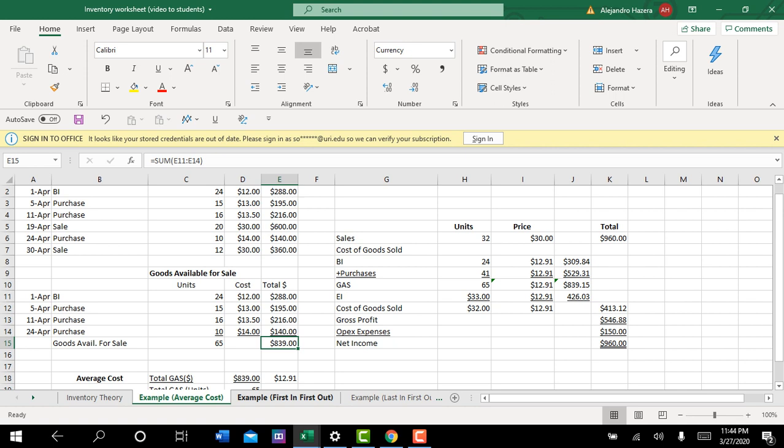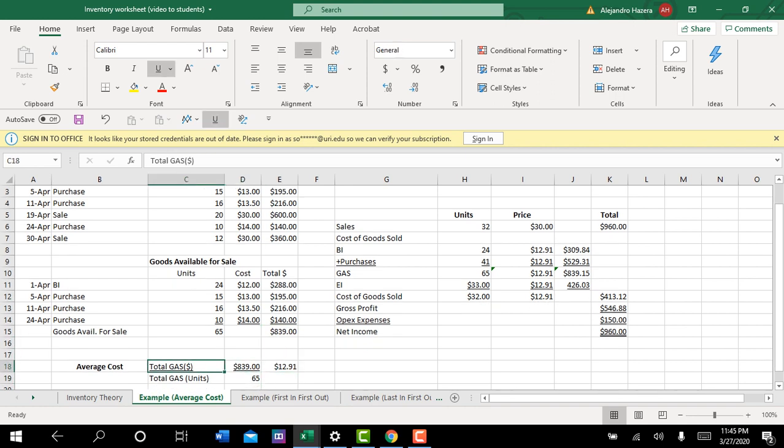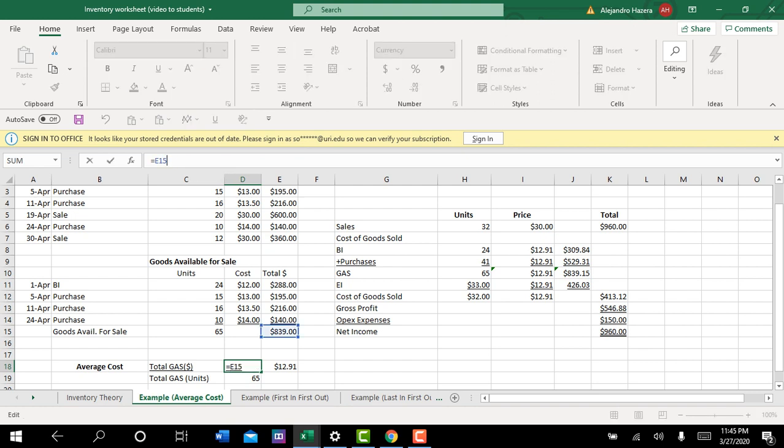Now here's how we're going to handle this in the average cost method. It is the easiest of the three methods. This is your average cost. You just take your total goods available for sale in dollars, that number right there, and then you divide by your goods available for sale in units, which is this number.